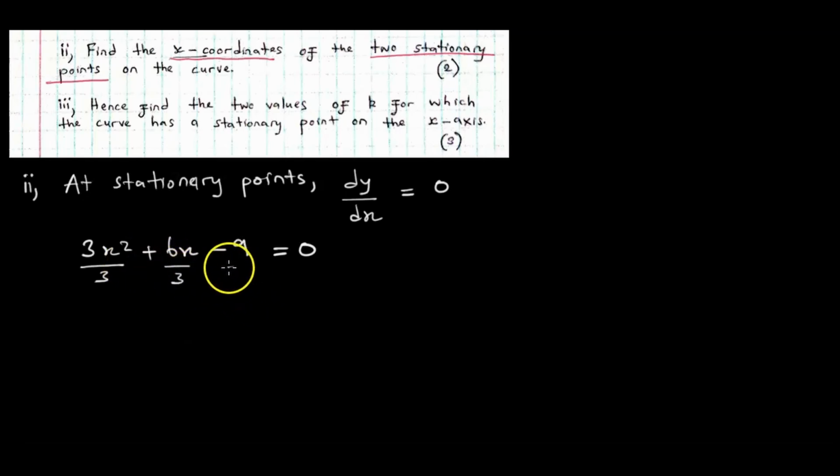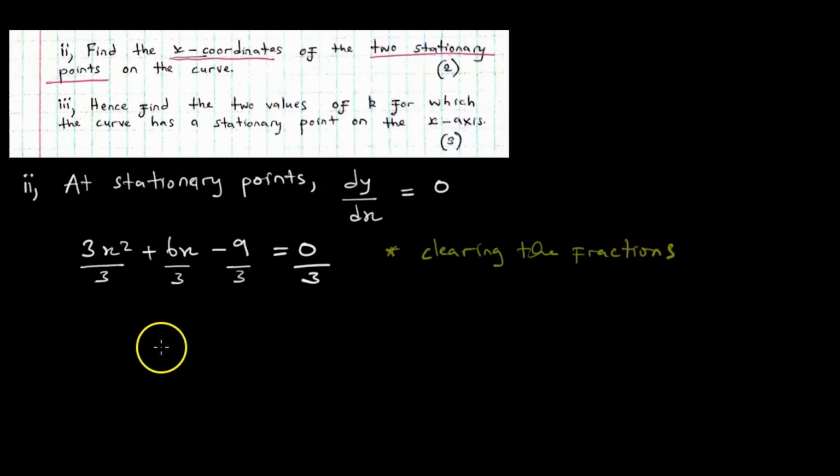We divide on the right too, 0 by 3. This is the method we learned at O-level, the principle is the same as the method of clearing the fractions, where we have to divide every term inside the quadratic expression by a common factor. So the 3s cancel. 3 into 3 is 1, and into 6 is 2. 3 into 3 is 1. 3 into minus 9 is minus 3.